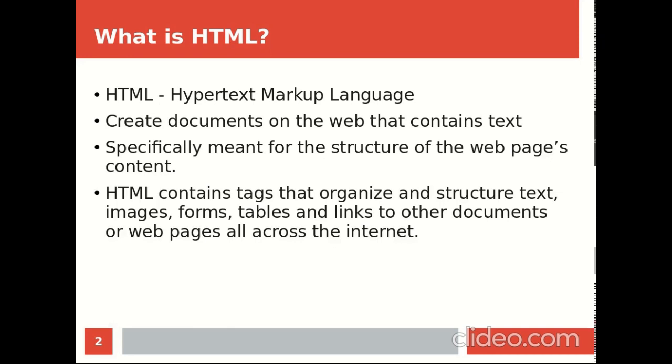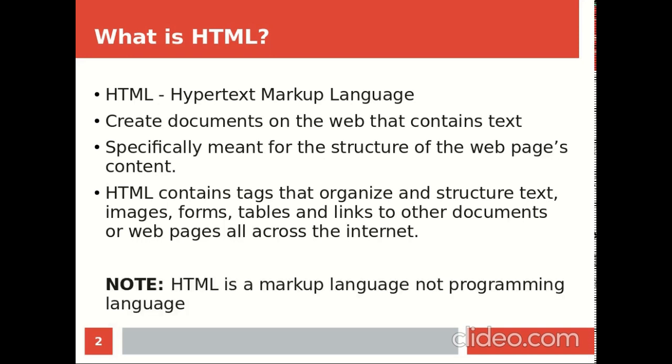So HTML contains text, but it also contains media, which is images, videos, forms where you can fill up your details, then tables, and you have links, like if you are clicking on any link it will open another page, which is also another kind of HTML document. Note, this is a very important thing which I have seen people never mention in their tutorials, and this is what I wanted to mention.